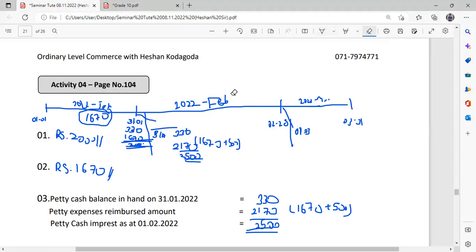So this should be February 1st. Okay, 1st February. This is March 1st. Now what they mention, balance available is rupees 729, right? 729. Now we have increased our petty cash level up to 2,500.